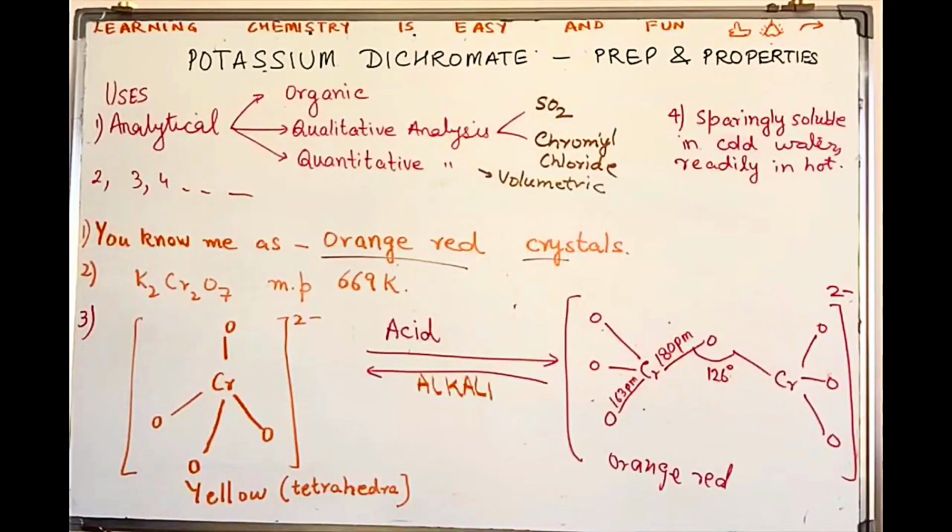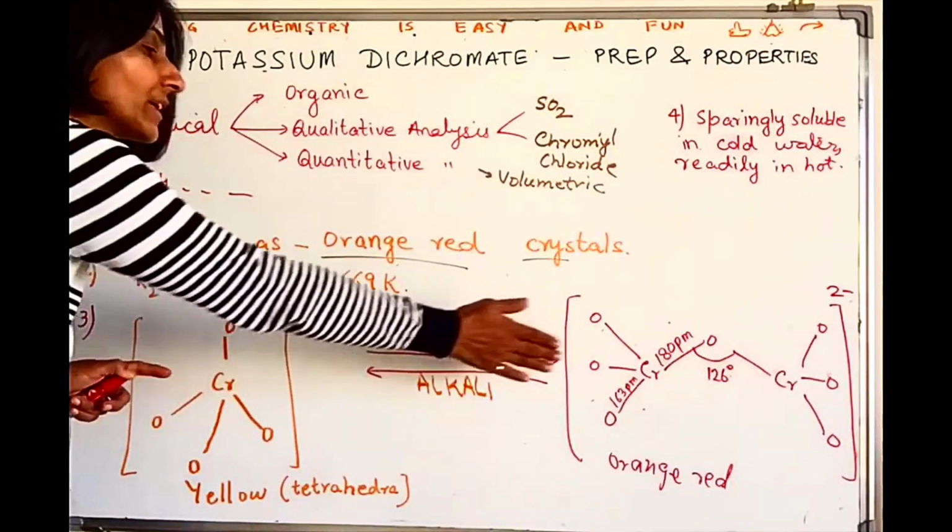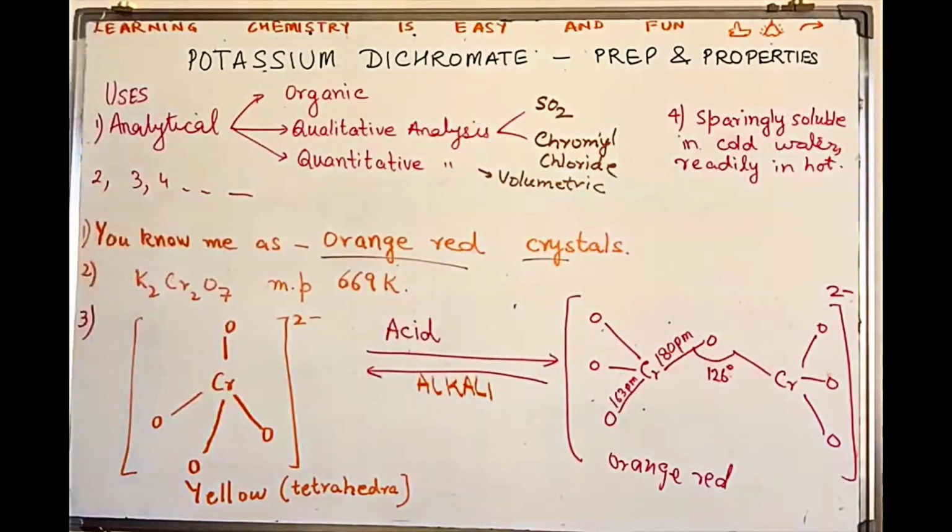In the examinations, when you close your eyes, it is the colors which you will remember, and it will be easy to recall that structure. Try it for one topic and you will see the difference. After this, I am going to give you the preparation and properties flow chart as well. This particular transition, converting chromate to dichromate, we are going to use in preparation as well.